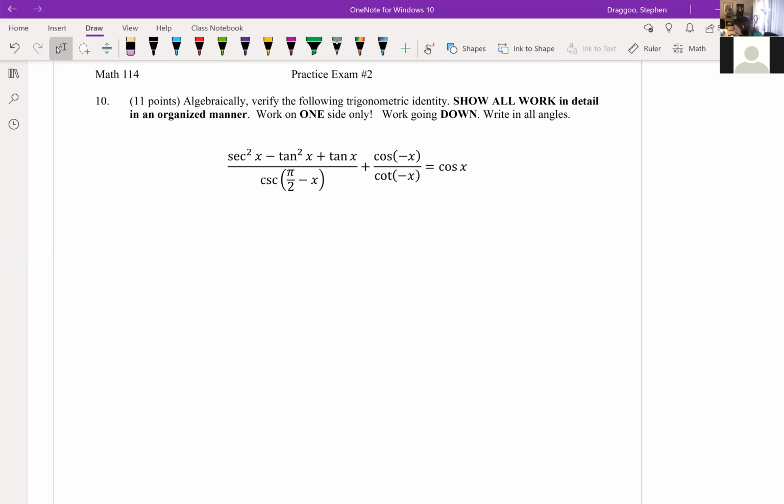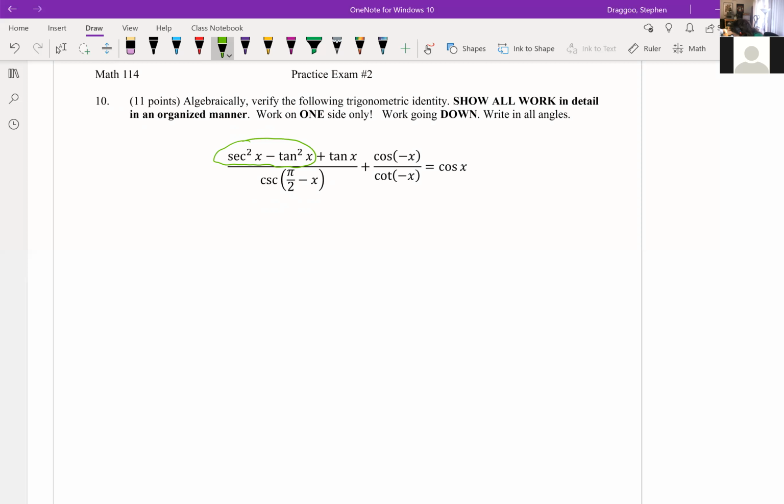All right. So in problem 10, we get a bunch of fun stuff. So starting with that secant squared minus tangent squared. That's a Pythagorean identity.